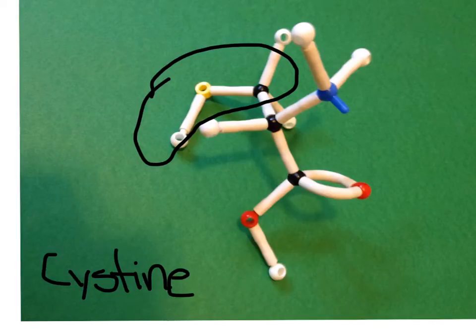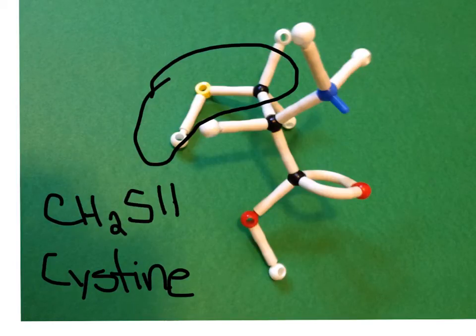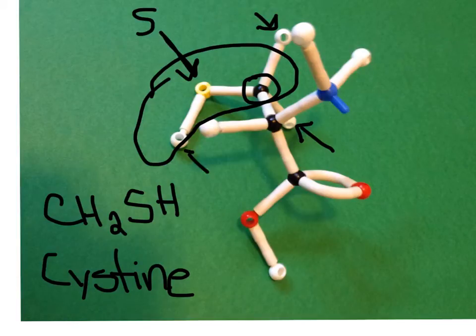What you're adding is CH2SH. Your carbon is right here, and your 2 hydrogens, there's one there and one there. And then you've got your sulfur, and your last hydrogen is right there.